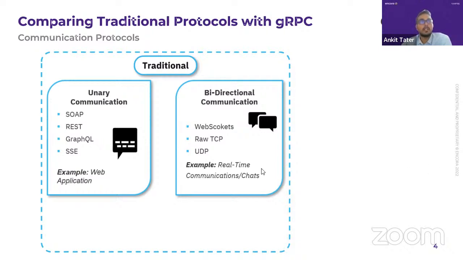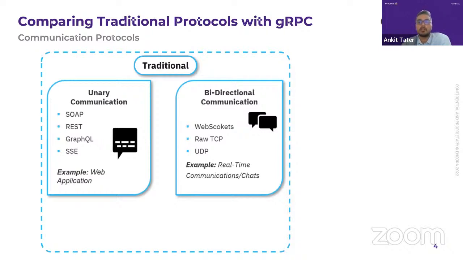Next, we'll talk about the role of TCP and UDP. These are, I think, the foundational pillars of the internet. They were introduced long back, way before SOAP and all, right? And they provide you streaming. TCP helps you wherever you have a streaming process.